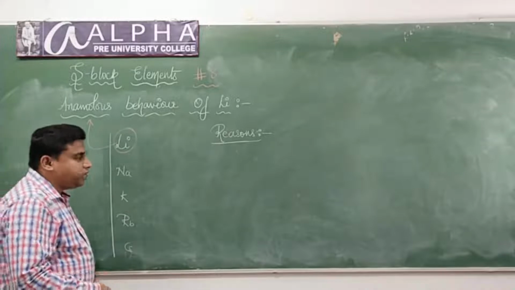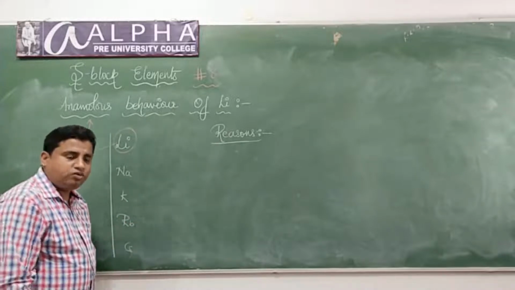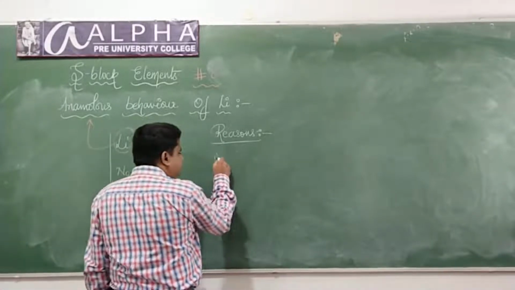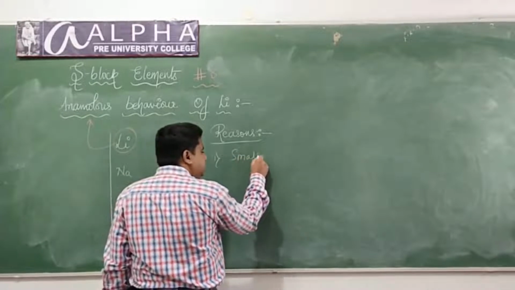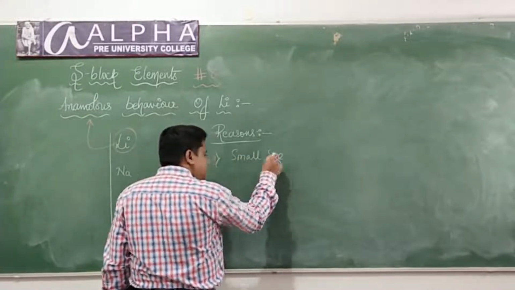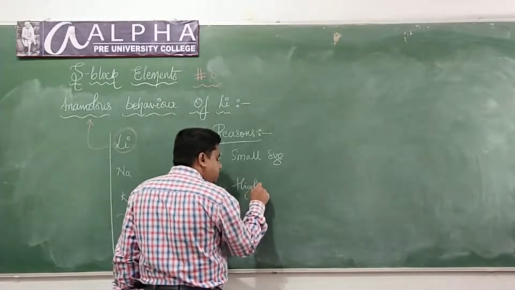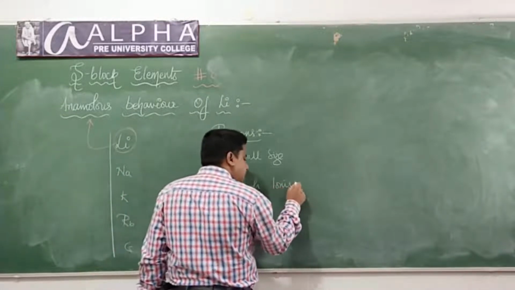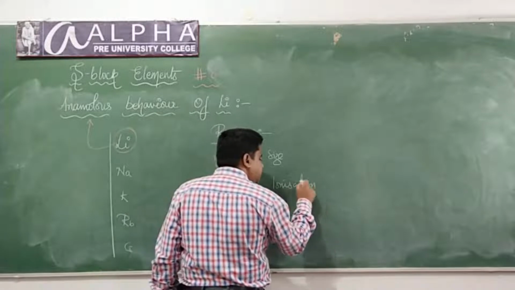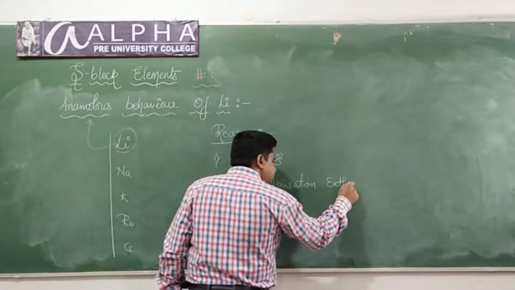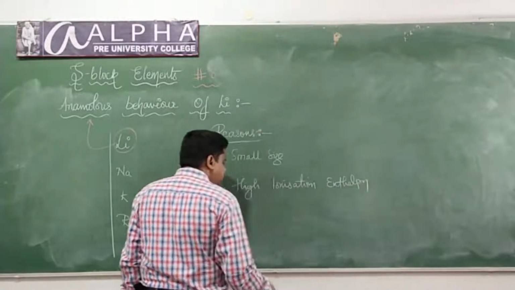So what are the reasons for anomalous behavior of lithium? One is small size. The second one is high ionization enthalpy.